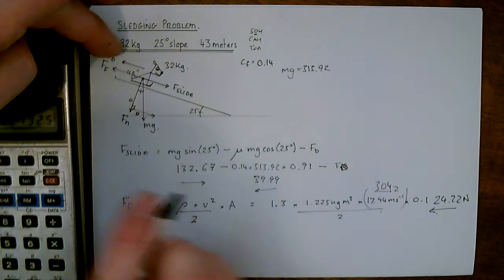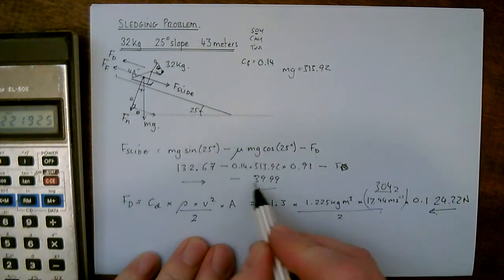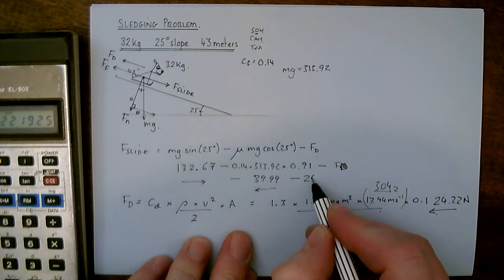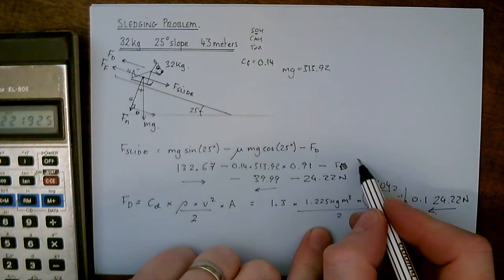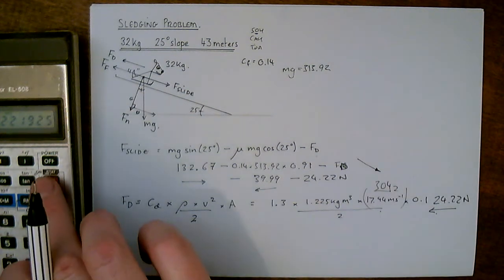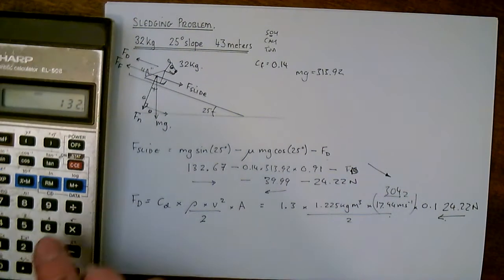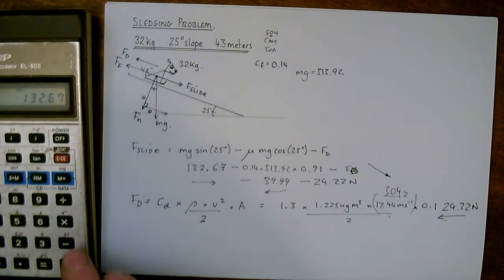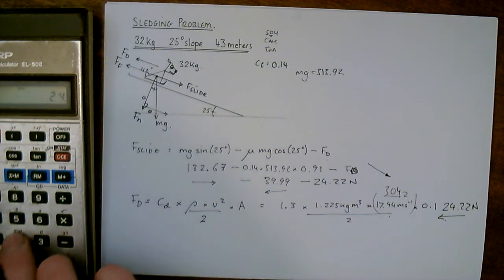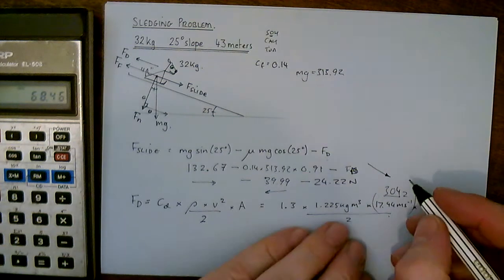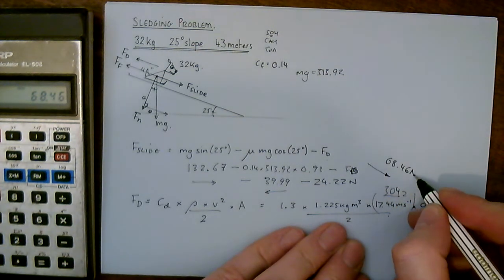So if we put that in here, we've got 132.67 minus 39.44 minus 24.22 newtons, which will give us our downward force. So 132.67 minus 39.99 minus 24.22 equals a resultant of 68.46 newtons in that direction.